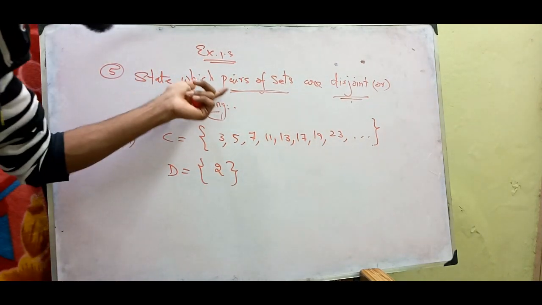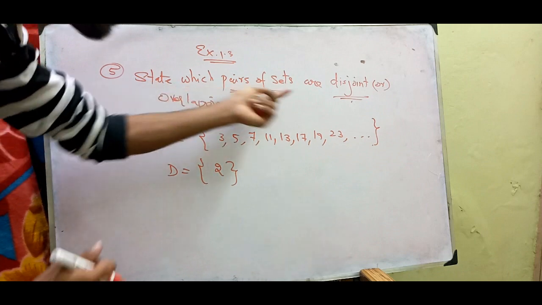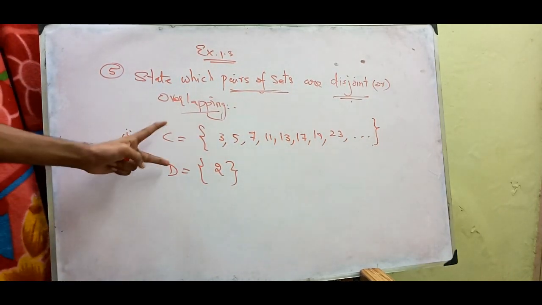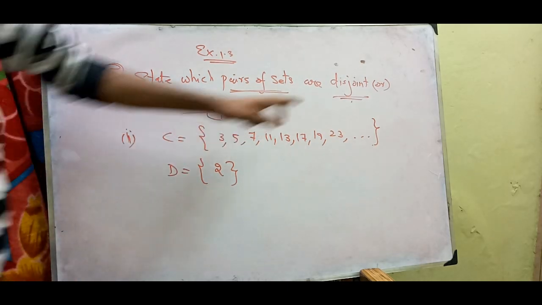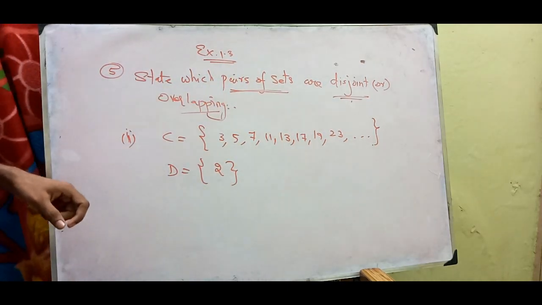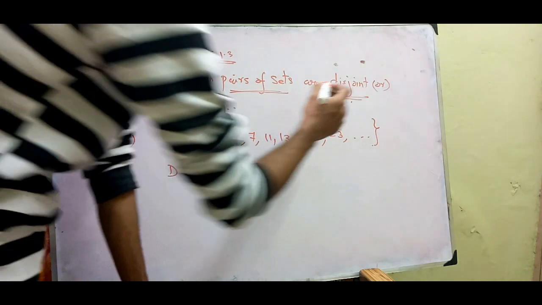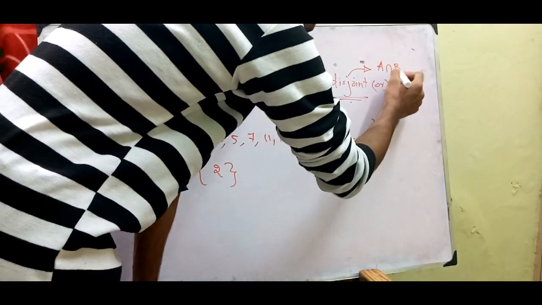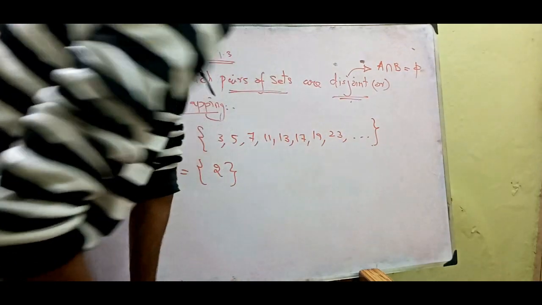State which pairs of sets are disjoint or overlapping. We need to confirm this. For disjoint and overlapping sets, we have a particular formula. For disjoint sets, we need to check whether A intersection B is empty or not.